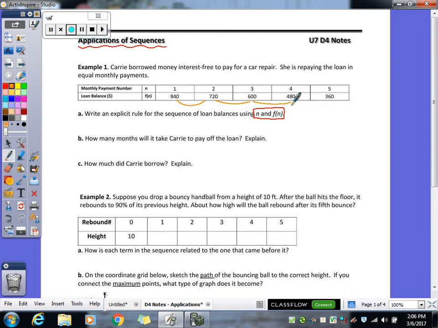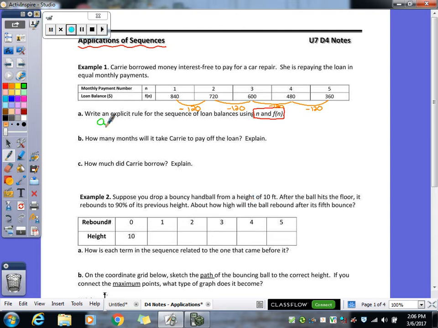Is it going down by subtraction, or is it going down by division, which would be our geometric? Since it's a nice steady decrease, this one goes down by 120, and then from here to here it's down another 120, another 120, down another 120. So this is going to be an arithmetic rule.